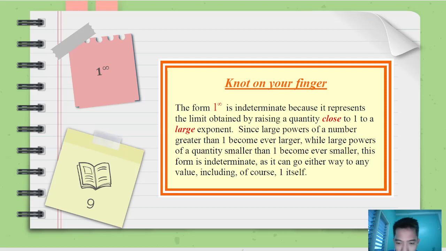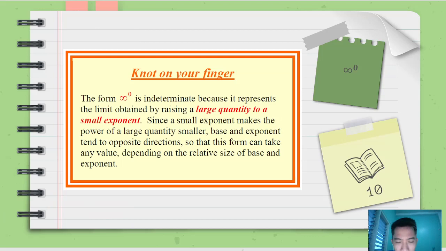Next form is infinity raised to 0. According to the rule of algebra, a number raised to 0 is always equal to 1 except for 0. Here, a very large number raised to 0 is an indeterminate form.